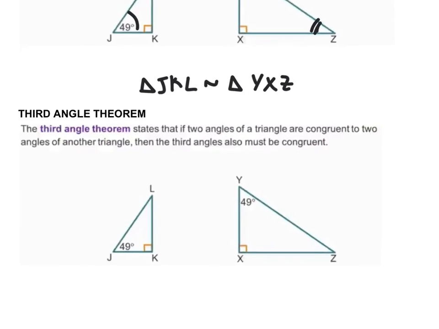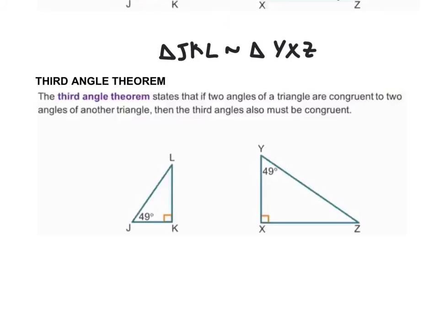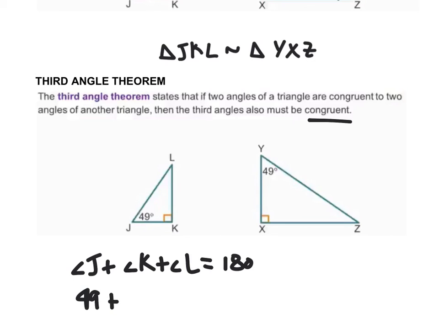All right, and so the third angle theorem, and that's what we just did, is that the third angles must also be congruent, all right? And let's figure out what it is. So if angle J plus angle K plus angle L is equal to 180, angle J is 49 degrees, angle K is 90, plus angle L equals 180.